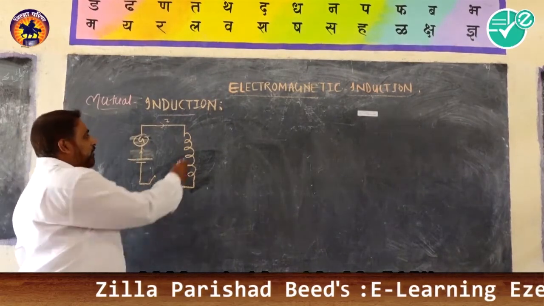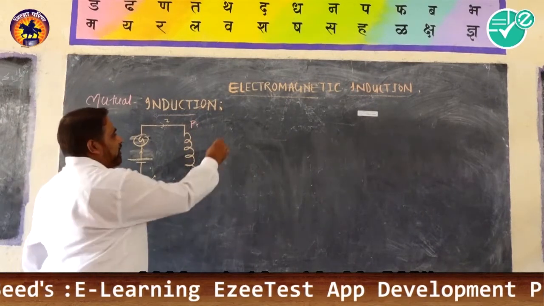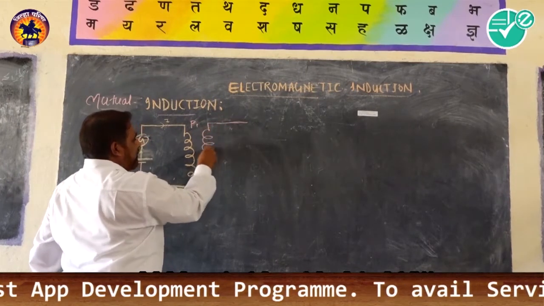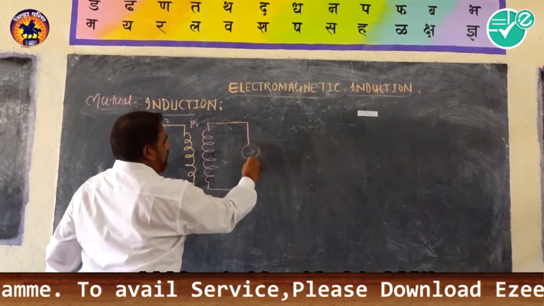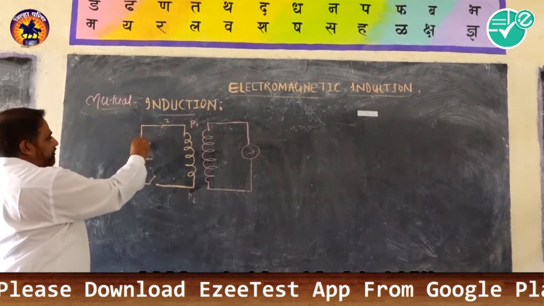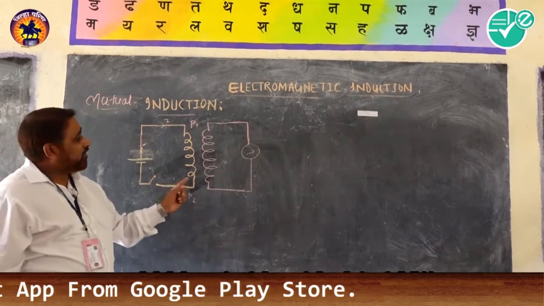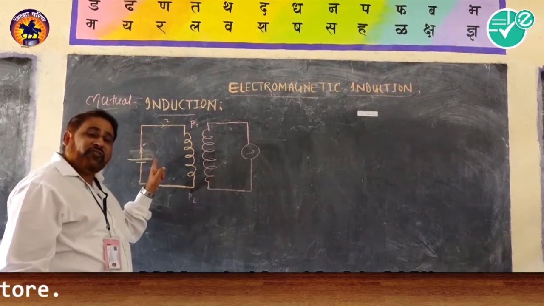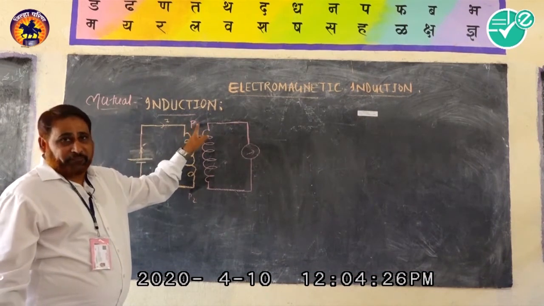One is a primary coil and another is the secondary coil, which is just neighboring to it. So here we can say that the phenomenon of production of induced EMF in the neighboring coil due to the change in flux in the first coil is called mutual induction.